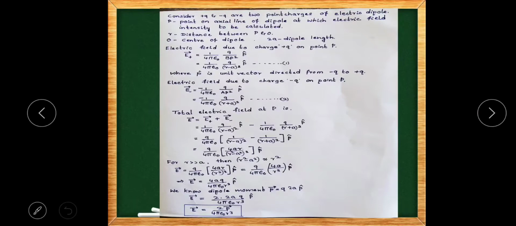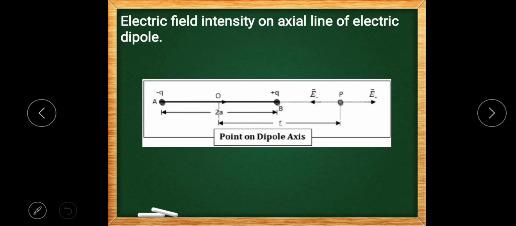Next, the electric field due to charge plus q at point P. E plus equal to 1 by 4 pi epsilon naught, q divided by BP square, into p cap. Here BP square means what? Here we are calculating the electric field at point P due to charge plus q.